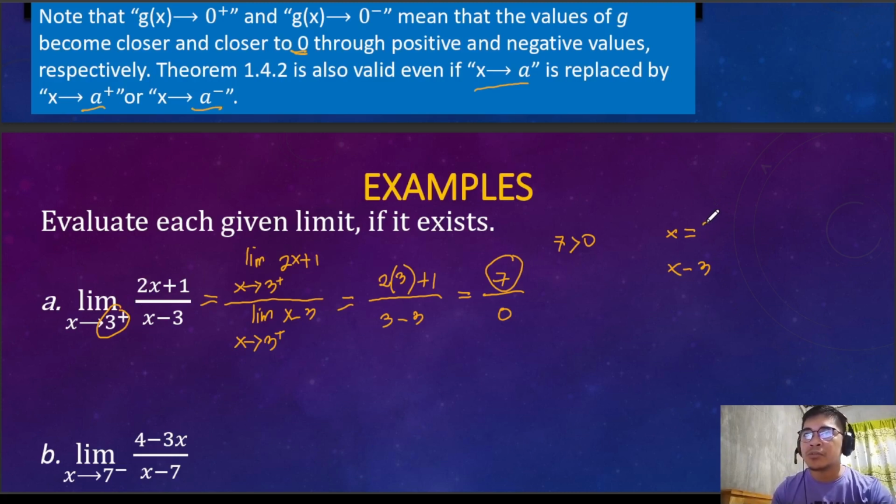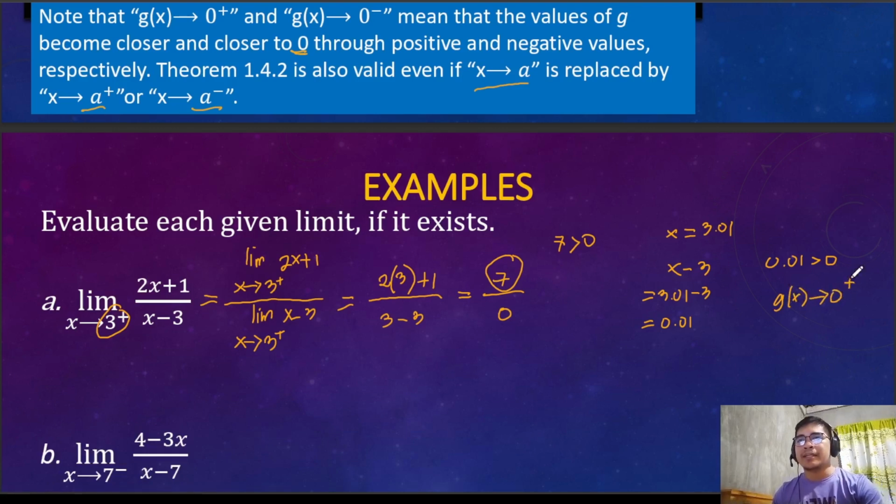So let us use 3.01. So 3.01 minus 3, the answer is 0.01. And take note, 0.01 is greater than 0. Therefore, we got g of x approaches 0 from the right.